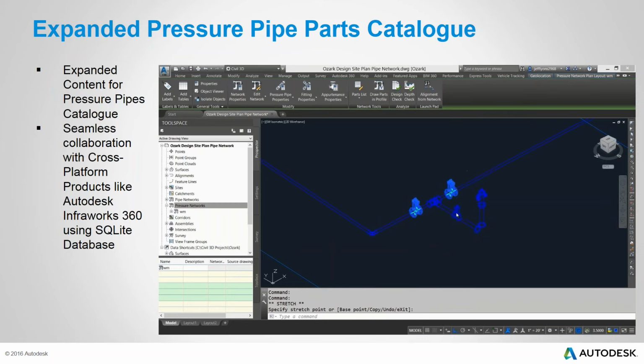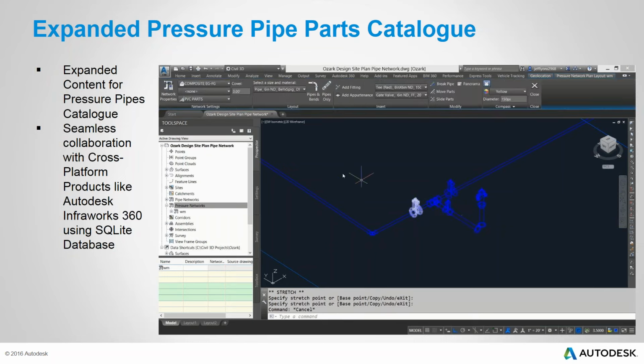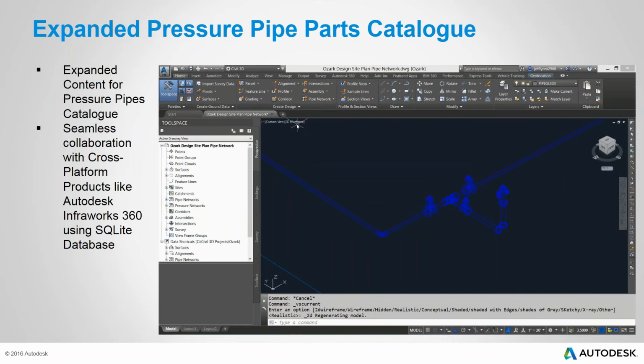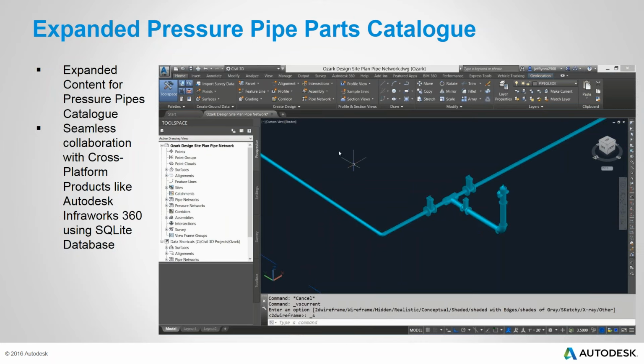Again, by just grabbing all of the grips. And we can also go ahead and just change the view style so that we can see them as a solid pipe without the Object Viewer. So any of these objects can be moved into Navisworks for full clash detection and analysis as well.